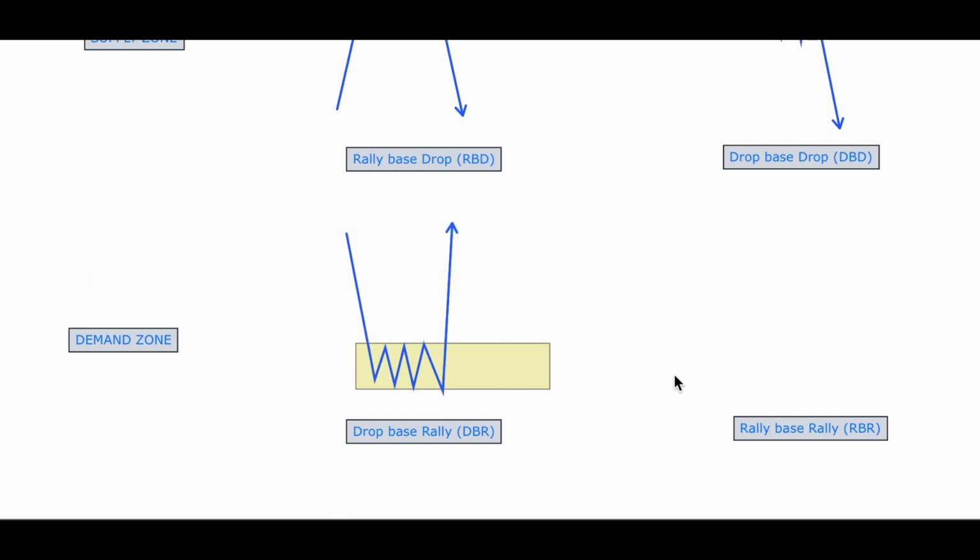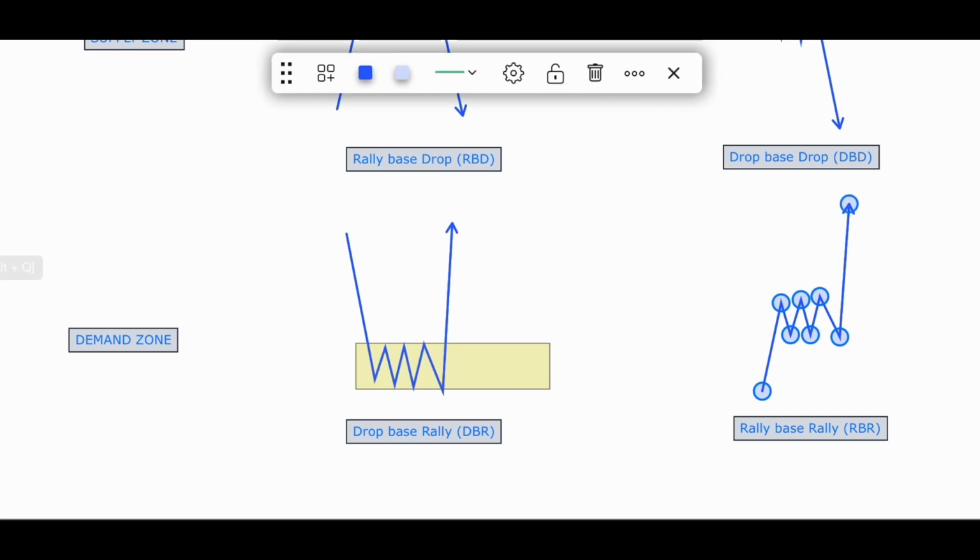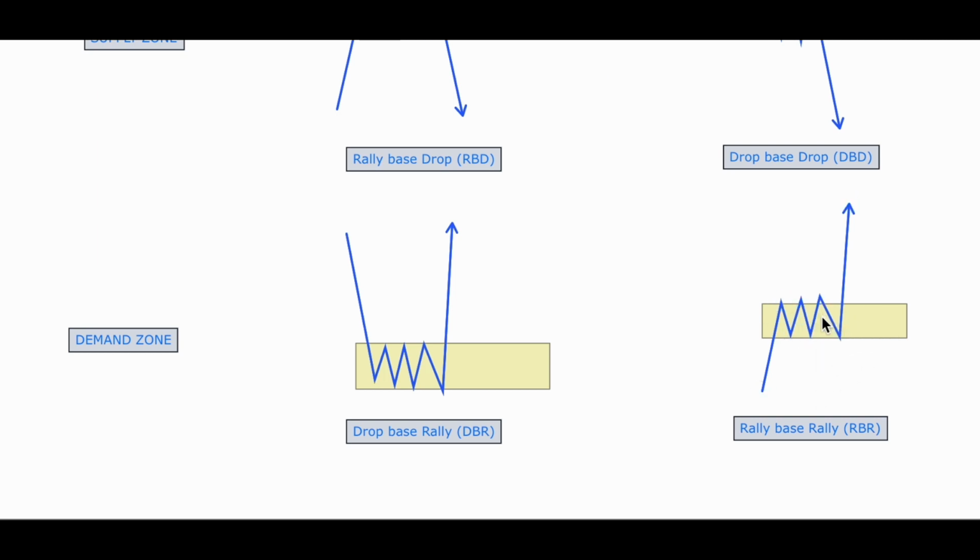Another demand zone is rally base rally: rally, base, rally. Then this is the zone we will mark and wait for the price to come back to this demand zone, then we are going to buy.